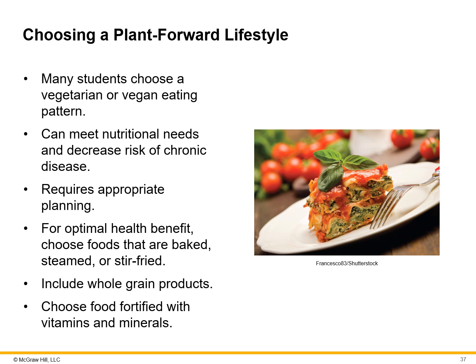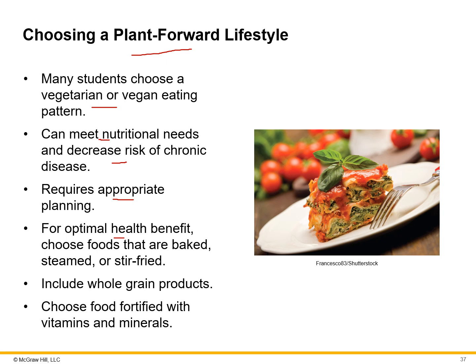Also, thinking about moving toward a plant-forward lifestyle. Many students choose vegetarian or vegan eating patterns, which is seen more in college students. That can meet nutritional needs and decrease the risk of chronic disease, but it does require appropriate planning to make sure all the nutrients are being obtained.